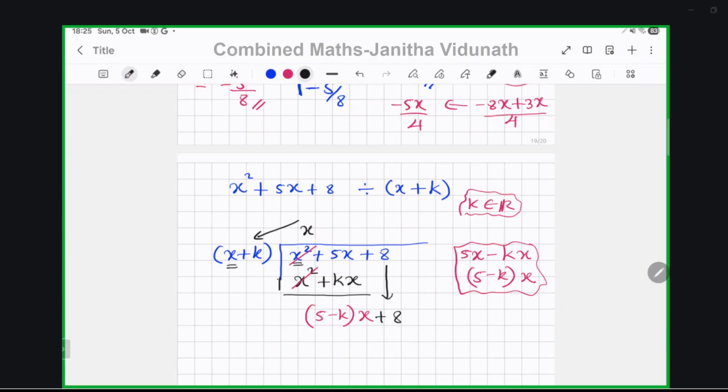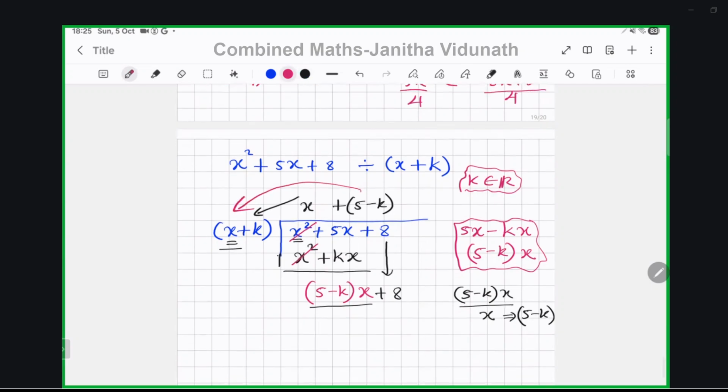Now this can be divided again by our divisor. That means 5 minus k times x can be divided by x. Then the value is 5 minus k. Then we put that 5 minus k in as our next term of the quotient. Then we need to multiply it with the entire divisor.